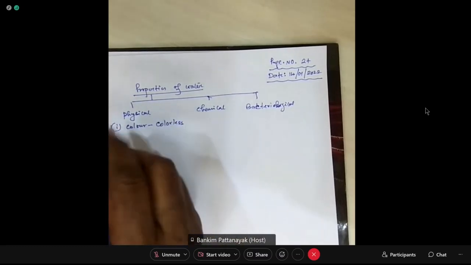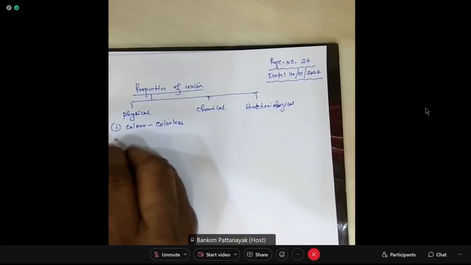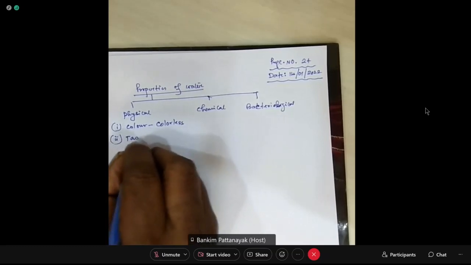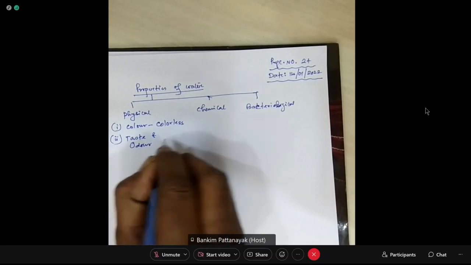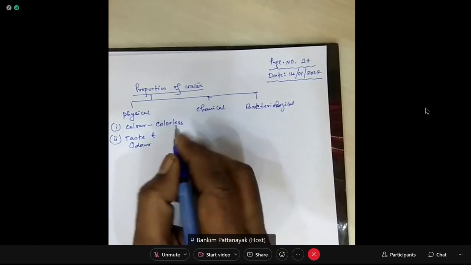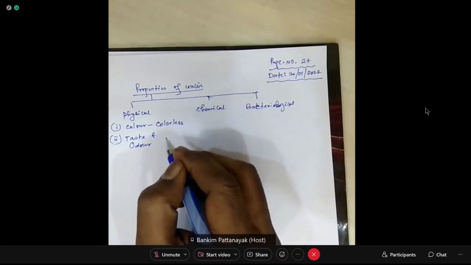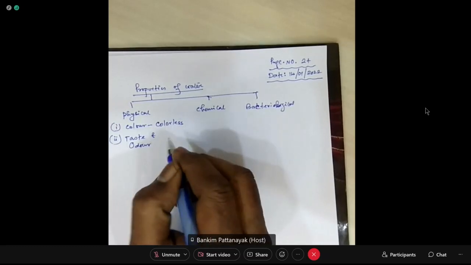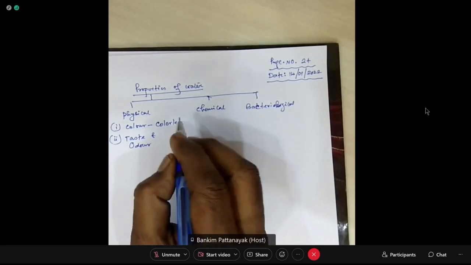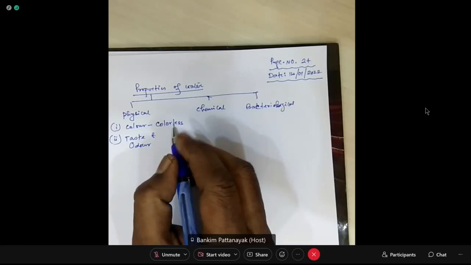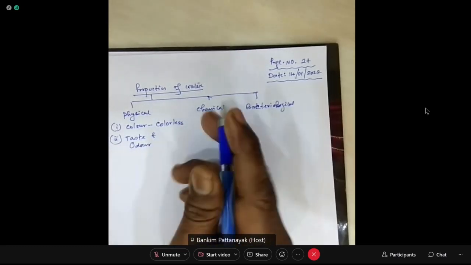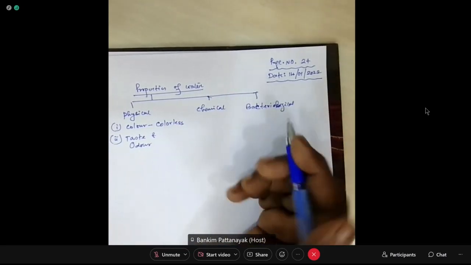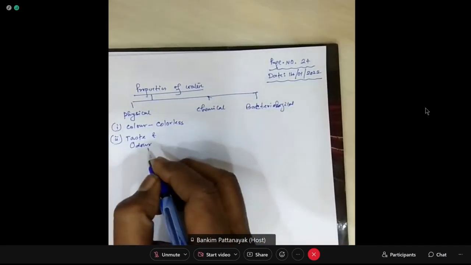colorless. Taste and odor. How do you specify taste? Water tastes like water. That's it.